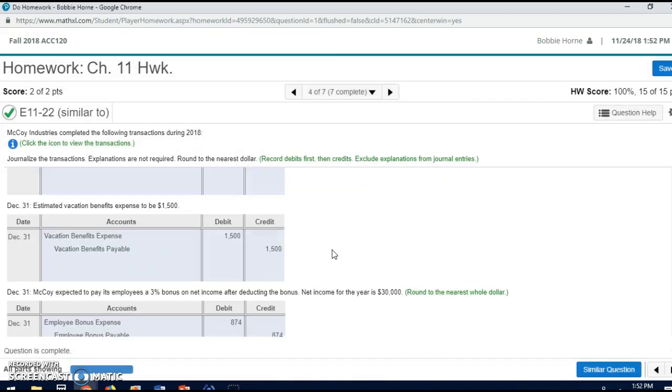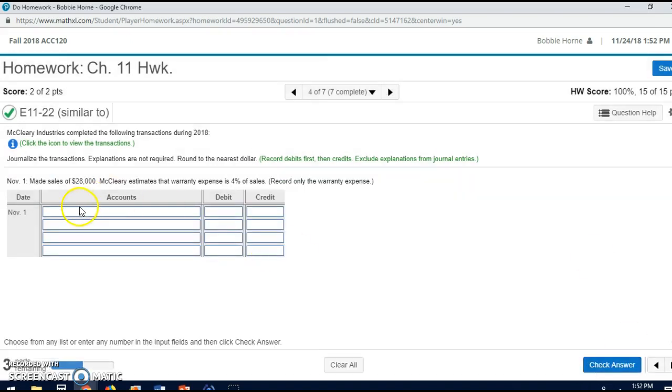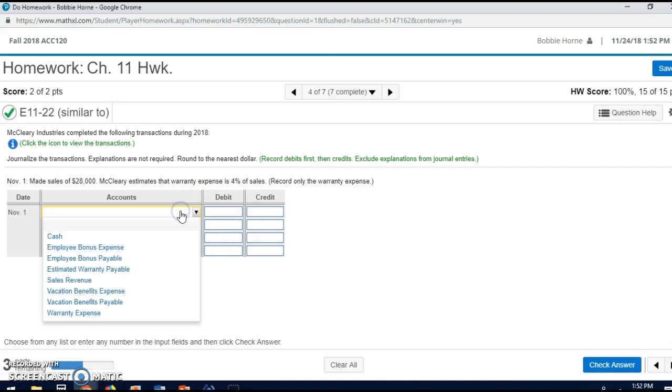Okay, for the next one, we made a sale of $28,000. We're going to estimate the warranty expense. It is 4% of 28,000. 28,000 times 0.04.